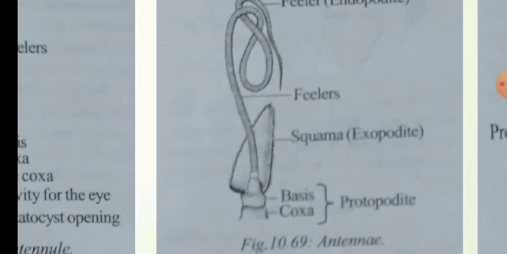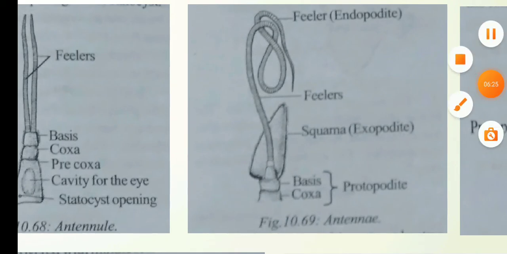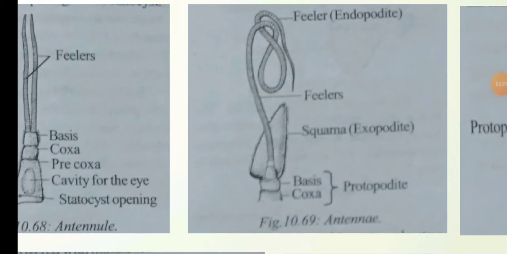The next one is the antennae, the second antennae of the cephalic appendages. It is also biramous. They are situated behind the antennules. The protopodite here consists of two segments, coxa and basis.